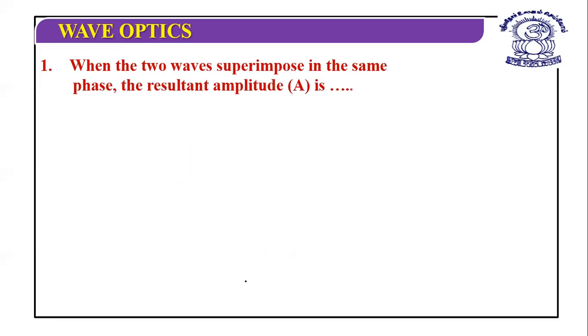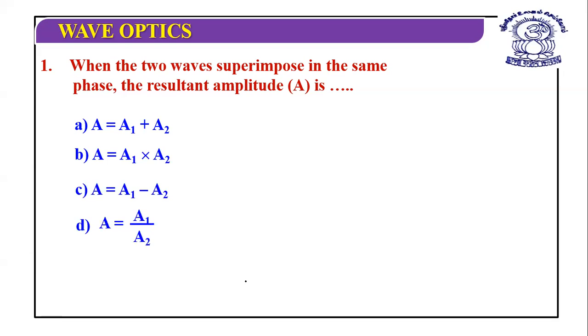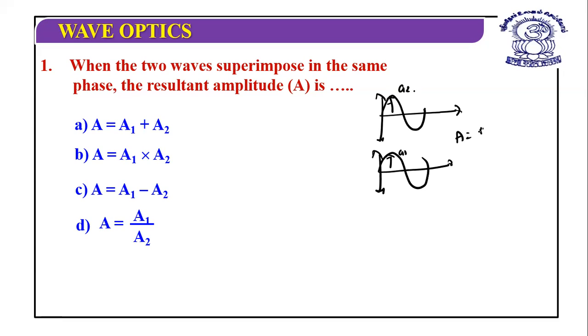Let us see some questions based on them. When two waves superimpose in the same phase, what will be the resultant amplitude? Here, the meaning of same phase is this. Both are arriving in the same phase with amplitudes A1 and A2, then the resultant amplitude will be A1 plus A2.